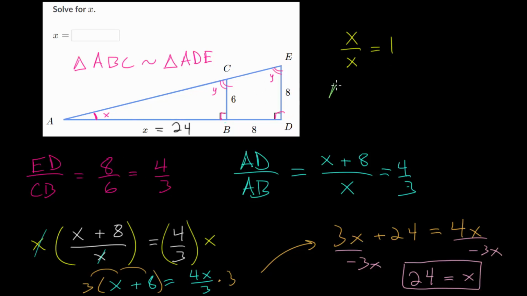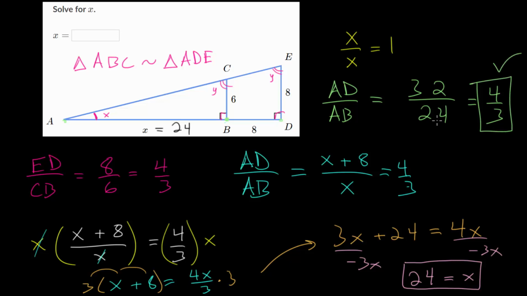If we rewrite this AD over AB, the bigger side, AD, notice to go from A to B is 24, and then from B to D, we add 8 more. So that makes AD 32, and AB is 24. If we simplify this, dividing each of 32 and 24 by 8, we do get back 4/3, which means we can feel confident that this answer actually makes sense.